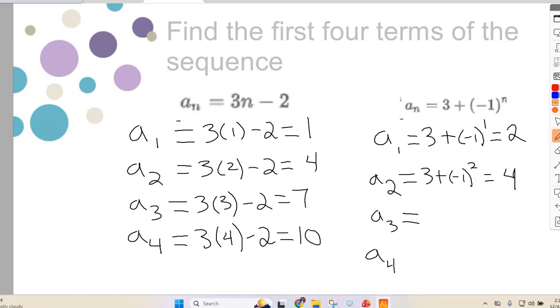So then is it going to change much depending on what my exponent is? No. If I put in an odd exponent, then this will always be -1, so overall we will get 2. And if I put in an even exponent, it's always going to be positive, so we will get 4. So this one is what we would call an alternating series, or sorry, sequence, and so it just goes back and forth between 2 and 4.